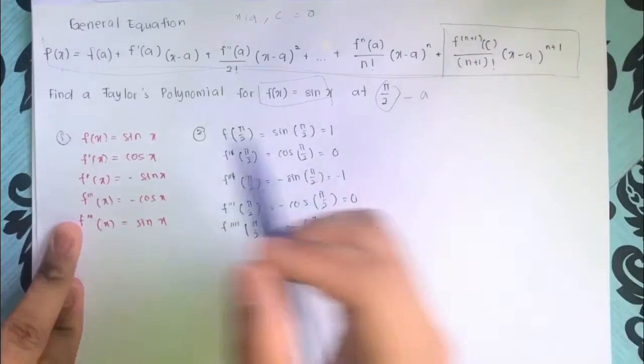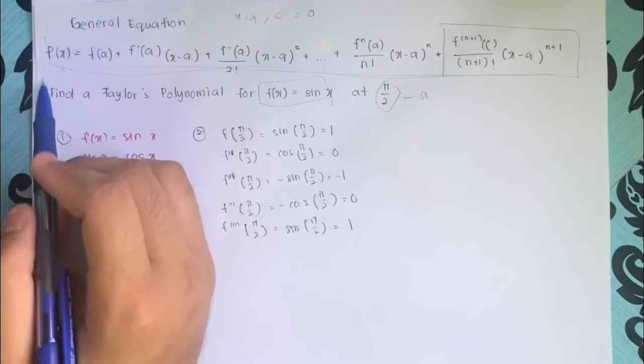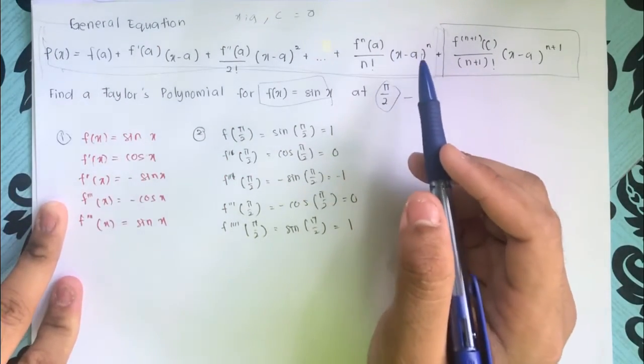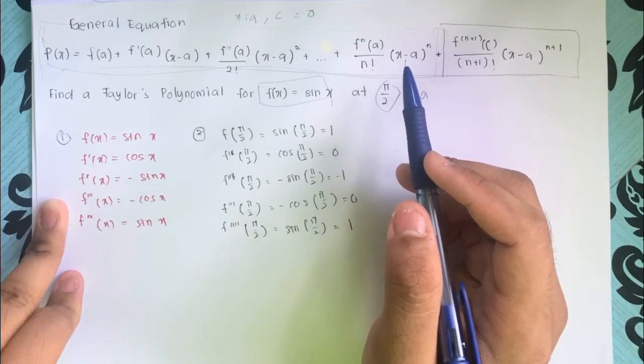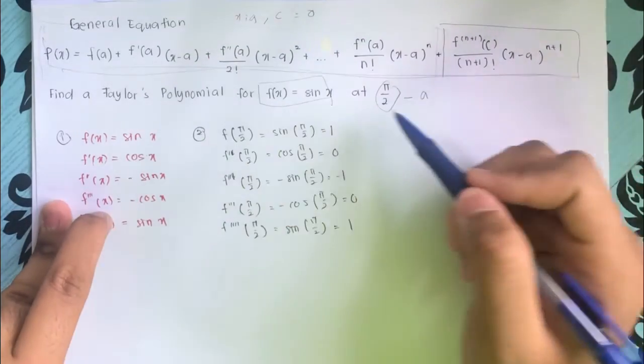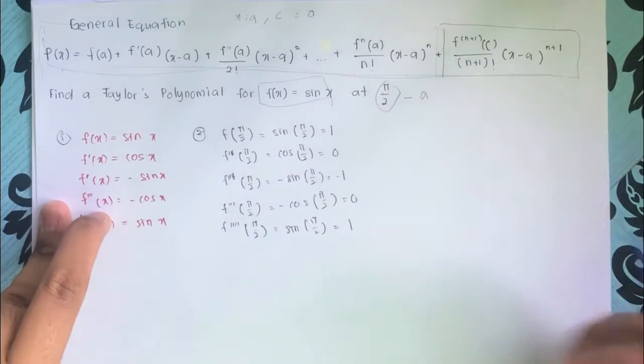For the expansion, we only came up until here. The question didn't ask us for how many terms they want, so I'll take just until the fourth derivative.